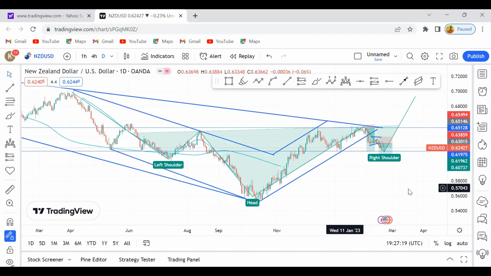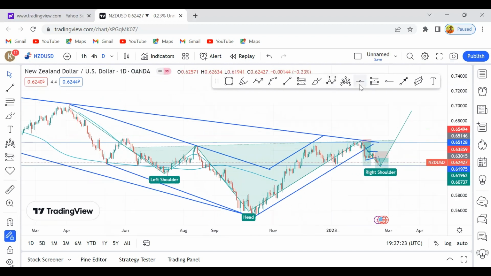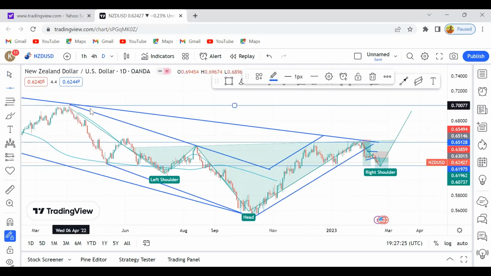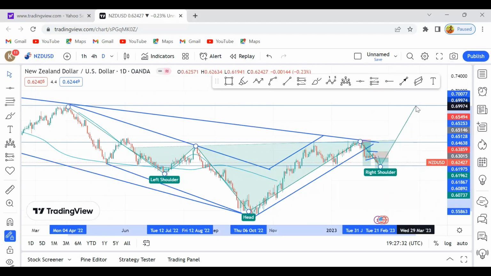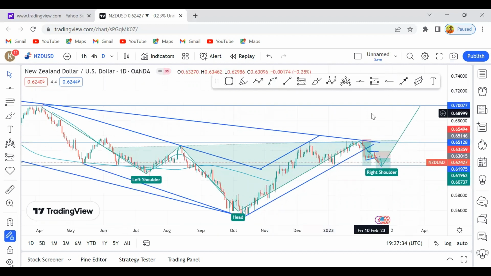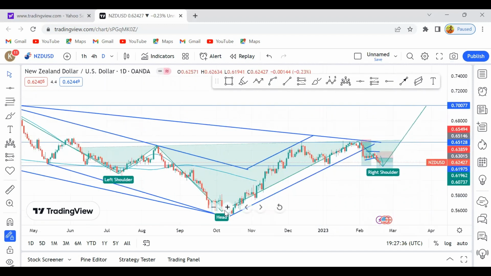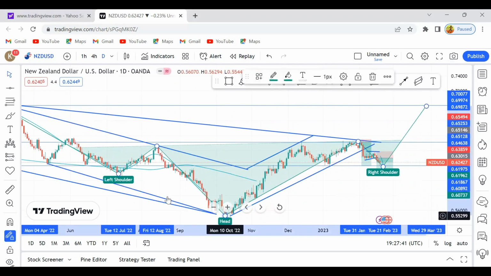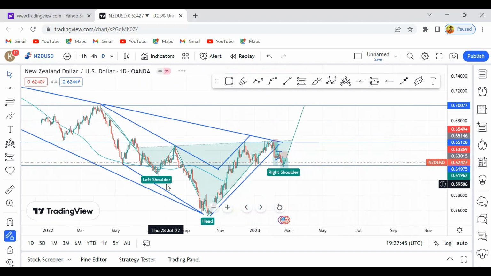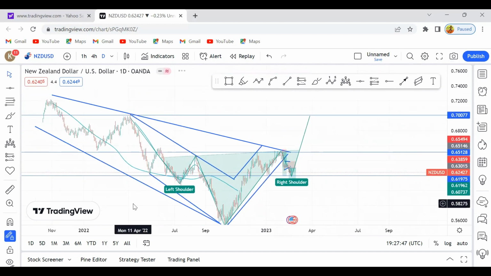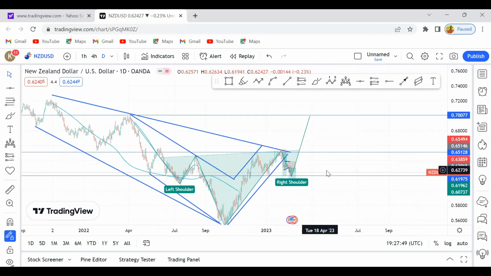So let's jump and see what is actually taking place. Since we're seeing a new structure inside our overall structure, and remember that NZDUSD has been in a downtrend structure for the longest time, this is what we have to expect from NZDUSD.